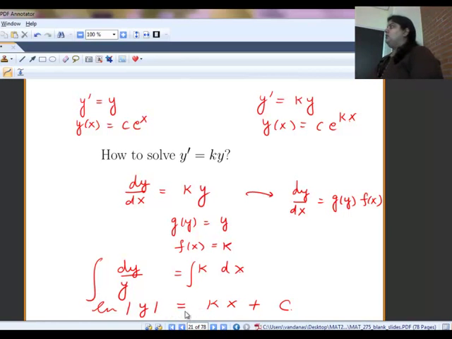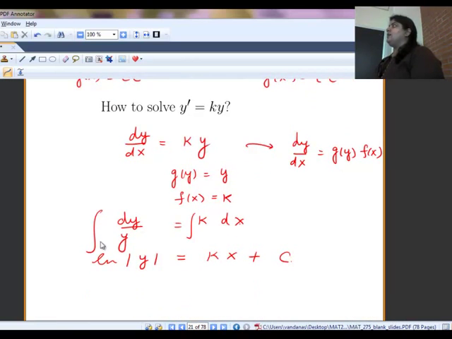Now we have to solve for y. And what did I assume in this step? Did I assume anything in this step? I am dividing by y, so I assume gy to be non-zero. That means I assume y to be non-zero, right?